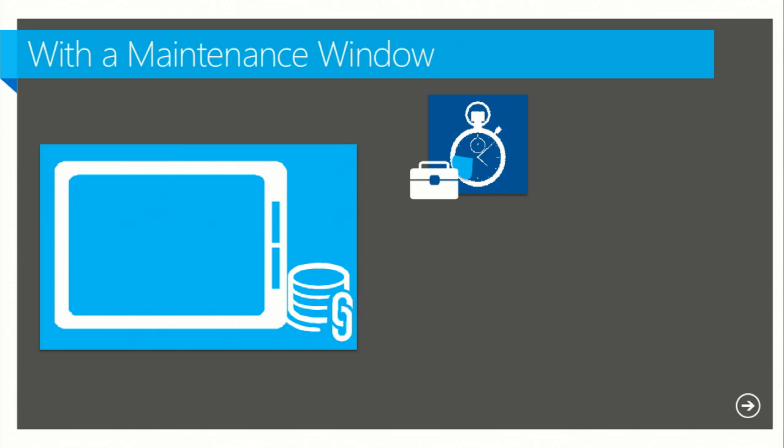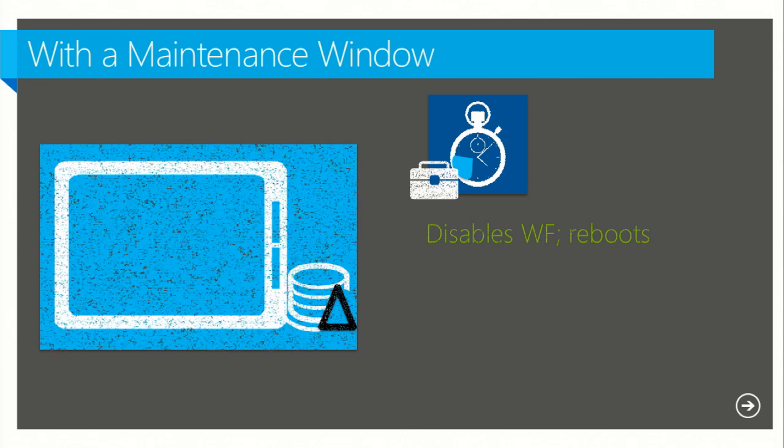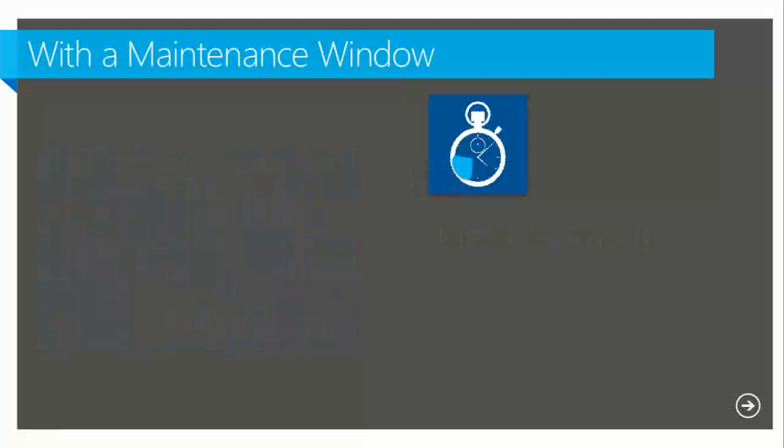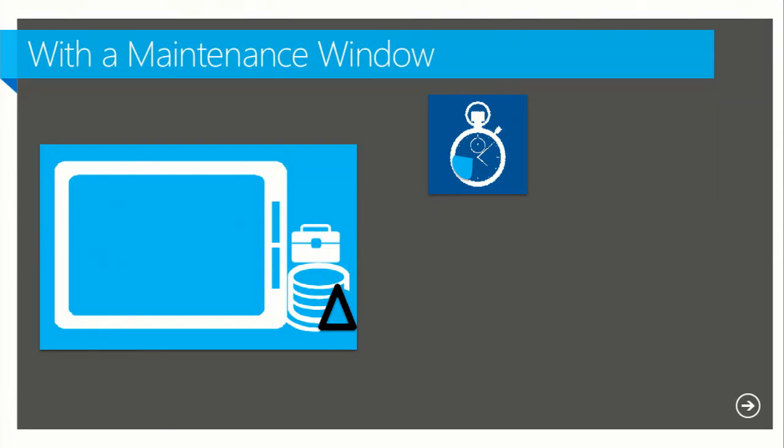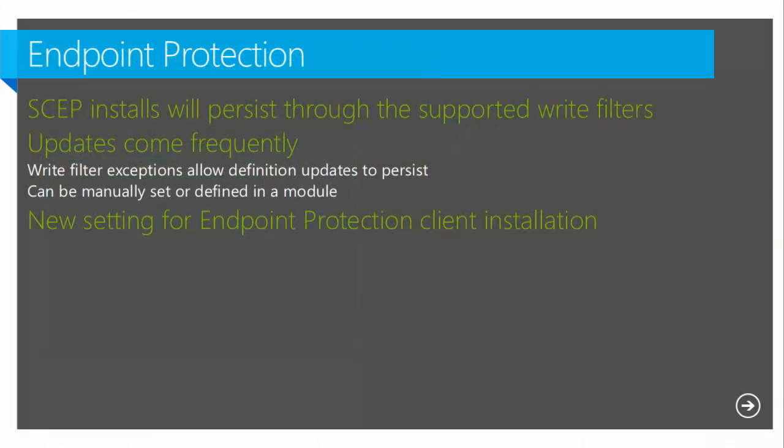It first disables the write filter, which of course requires a reboot. When it reboots, it then downloads the content because now it knows the write filter is disabled and it's safe to download, because the content is going to persist. Then it installs the content and everything goes happily. So now you see why a maintenance window is definitely required.